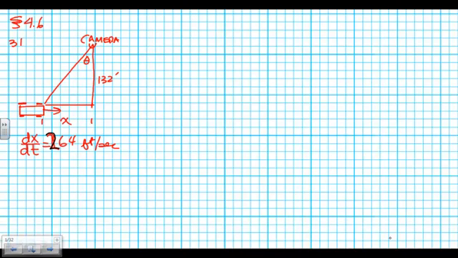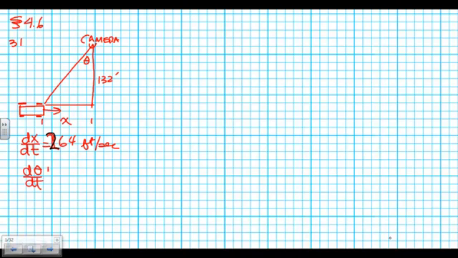And then the question they want us to solve is how the camera angle is changing. How would I describe the rate at which the camera angle is changing in symbols? d theta dt. The rate at which the angle, measured as the variable theta, is changing per time.